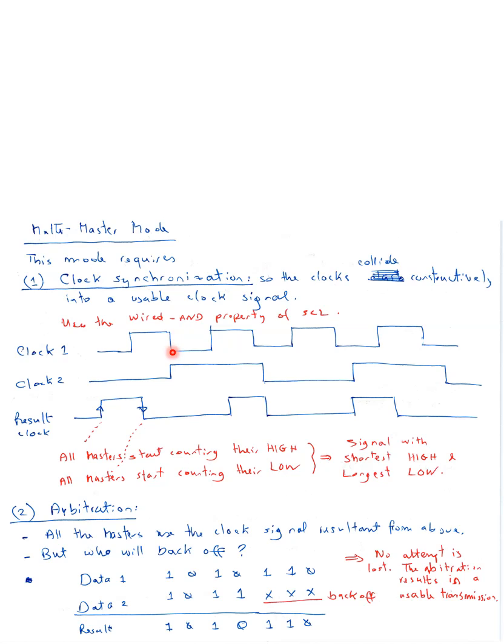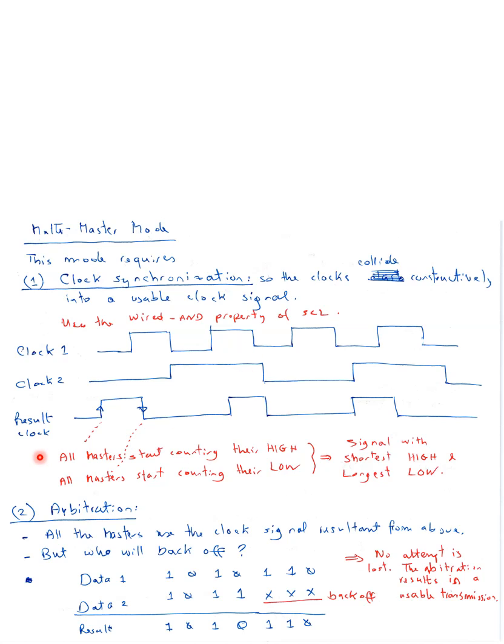So what are we gonna observe? This master intends to put this low duration. This master intends to put this low duration. We know that the low prevails, so we're gonna end up seeing the longest low duration. So that's the resultant clock that we're gonna see on the line.